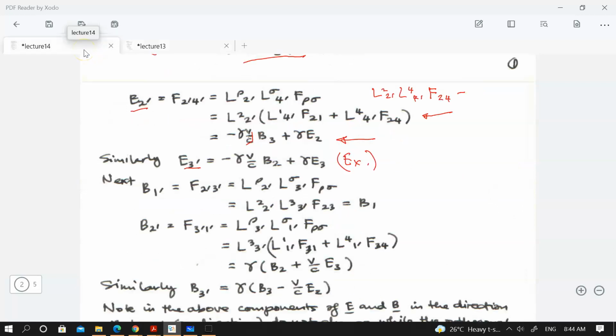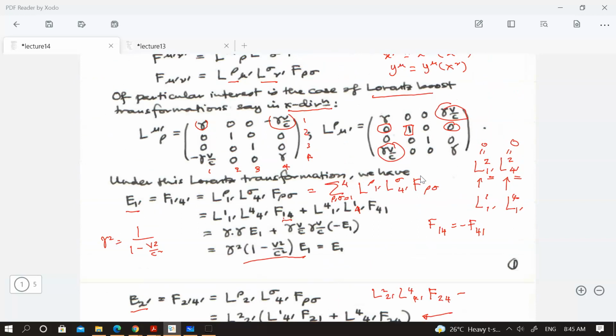So in this particular case, you have F2 3 here. Okay, so again, we use the Lorentz transformation there. So you have fixed the indices to be 2 dash and 3 dash over here. So you have L rho 2 dash, L sigma 3 dash, and then contracted with F rho sigma. Okay, again, I should be careful what I'm saying now. So you go back to the Lorentz matrix.